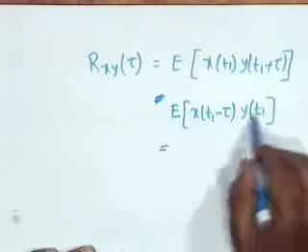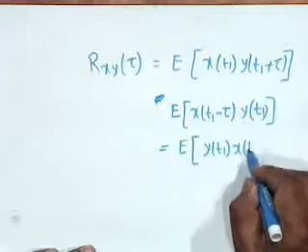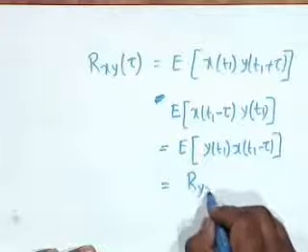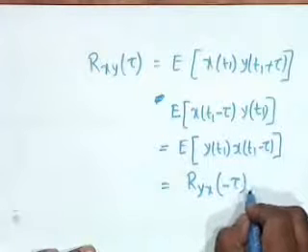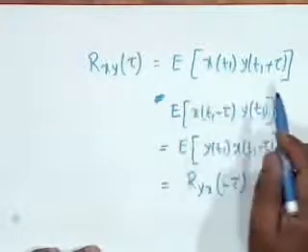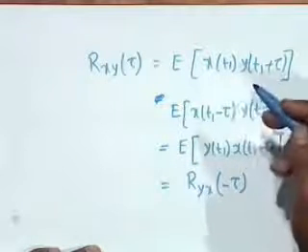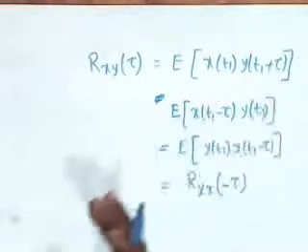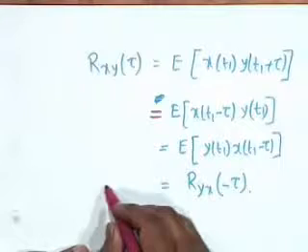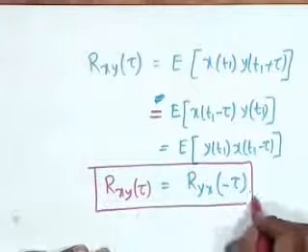Don't you see that this is the same as the expected value of y(t1) times x(t1 minus tau), which means that it is equal to Ryx of minus tau. Now should this change affect the cross correlation function? Should it affect the expectation? If the two processes are jointly stationary, obviously a change of time reference should not affect it, and therefore these must be equal, which establishes the property that Rxy tau is equal to Ryx of minus tau.